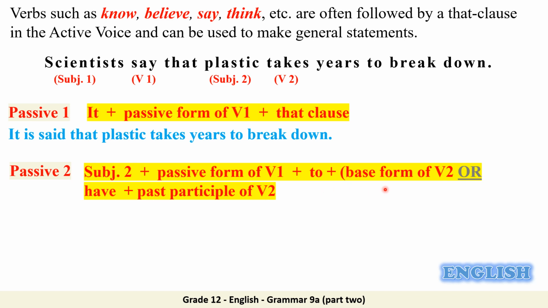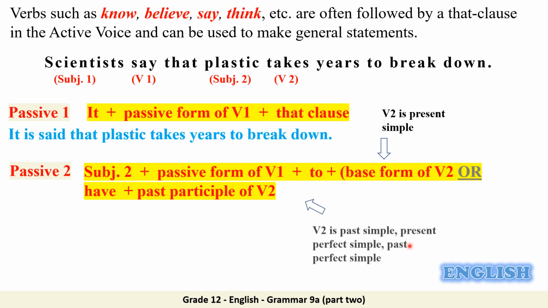Are we going to use the base form of the main verb or have plus pp of the main verb, verb number 2? It depends. Depends on what? On the tense of this verb, verb number 2. What do you mean? I mean if it is present simple, we use to plus the infinitive, to take. If not, what do you mean by if not?